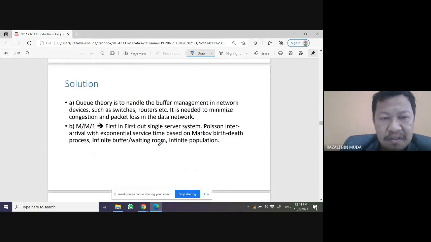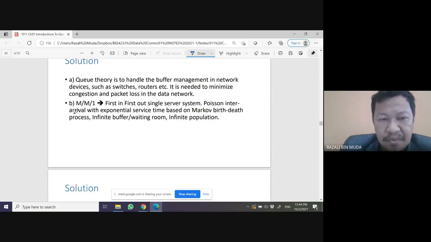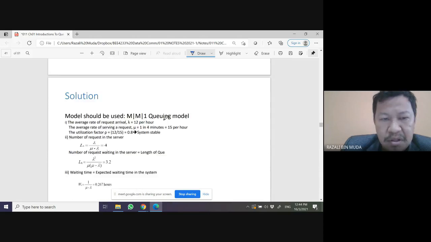You can read it yourself. Queue theory is used to handle buffer management in network devices such as switches and routers, to minimize congestion and packet loss. M/M/1 is a first in, first out single server system, with Poisson inter-arrival and exponential service time based on a Markov birth-death process, infinite buffer waiting room, and infinite population.